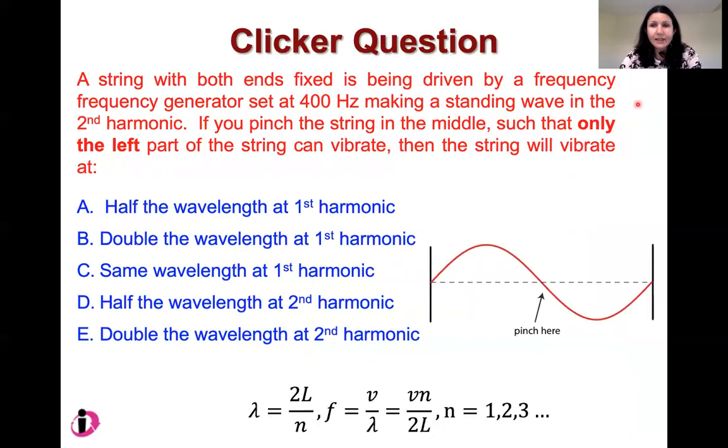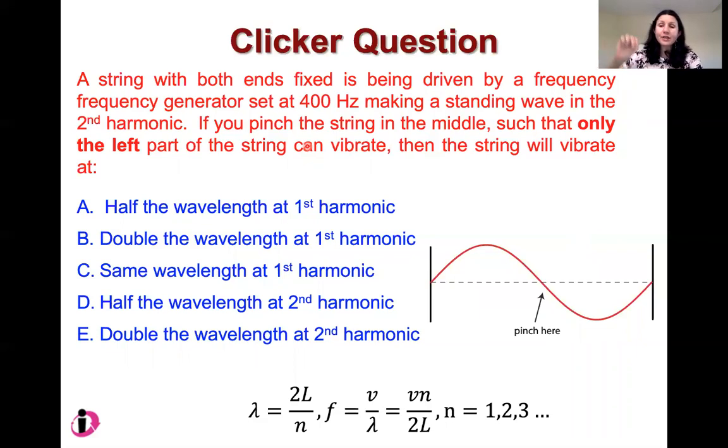All right, now a slightly different scenario. So here we have a string with both ends fixed again, which is now being driven by a frequency generator. So now you don't have a choice, in a sense. It's kind of like in that image that I had in the beginning when I was introducing standing waves.